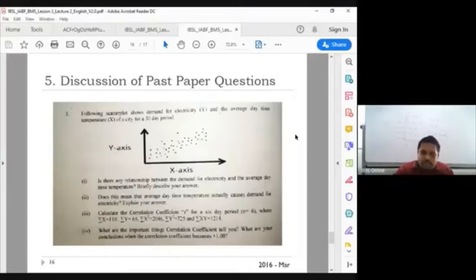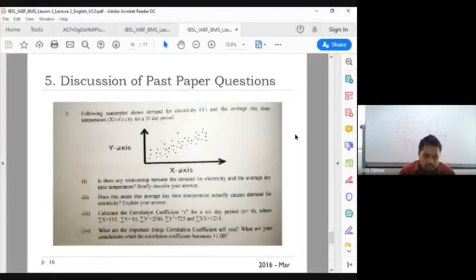I'm pulling up 2016 March paper question number 3. Look at the question. Following scatter plot shows, scatter plot means a scatter graph, shows demand for electricity in y-axis and average daytime temperature in x-axis. Demand for electricity in y-axis and average daytime temperature x of a city for 30-day period.